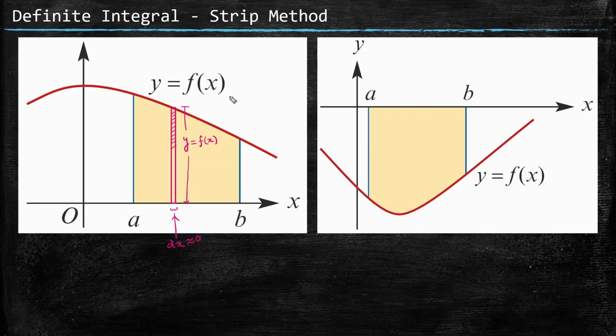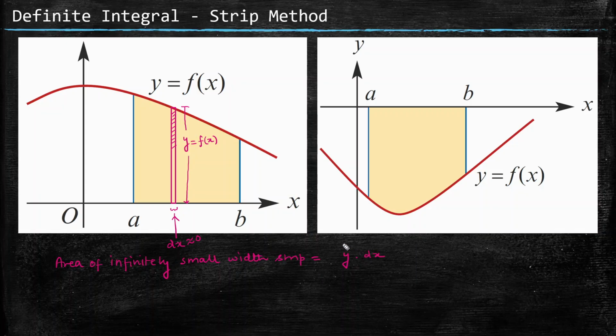Then the area of this rectangle strip will be y times dx, length times width.